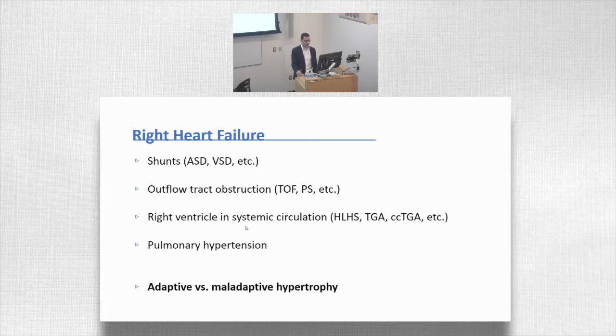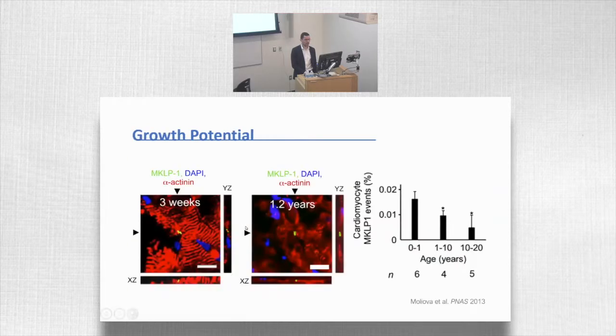There is an initial episode where they adapt quite well with some kind of adaptive hypertrophy, but it switches during failure to maladaptive hypertrophy, and that is not reversible. But we have another benefit in our patient population: we have young patients and we can treat them early, and the growth potential can be quite significant.